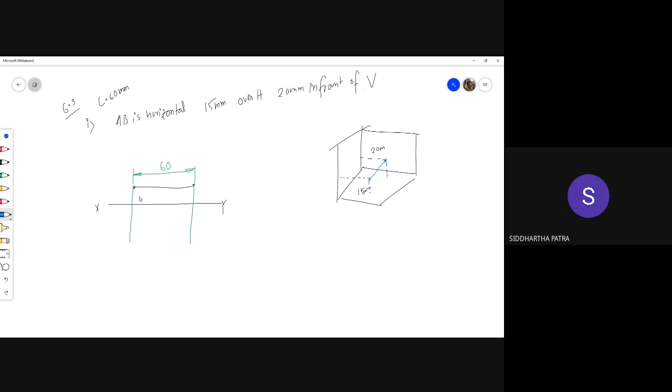Now, the way you should draw it on the vertical plane is that this dimension right here should be 15. On the horizontal plane, it would be 20.